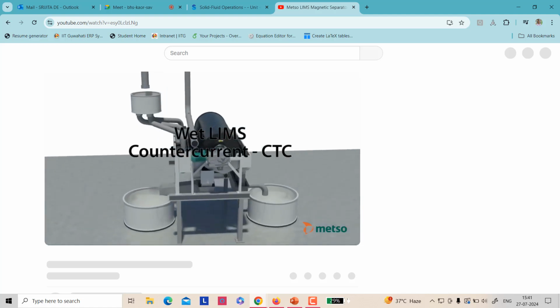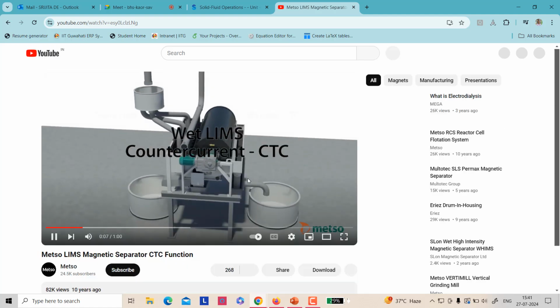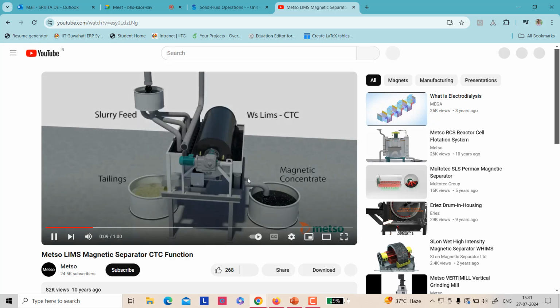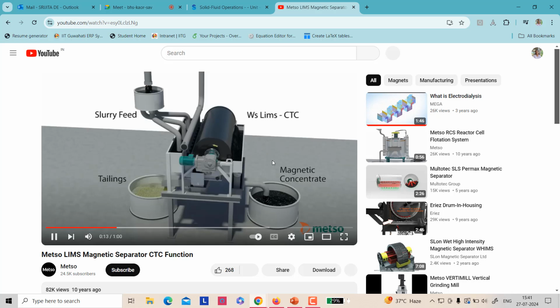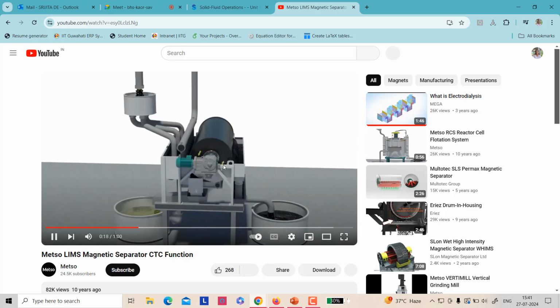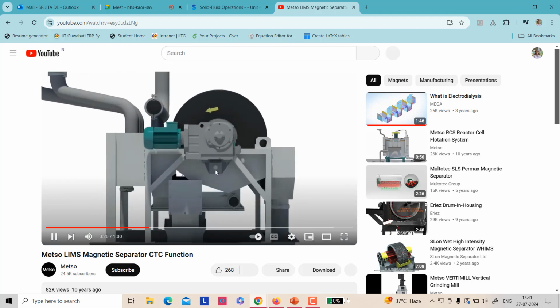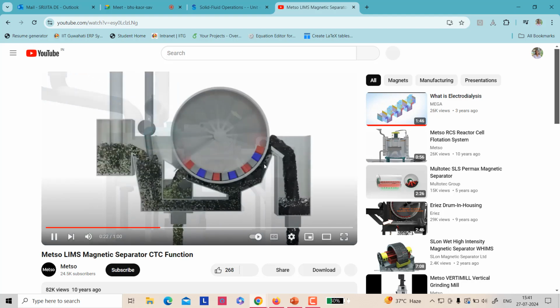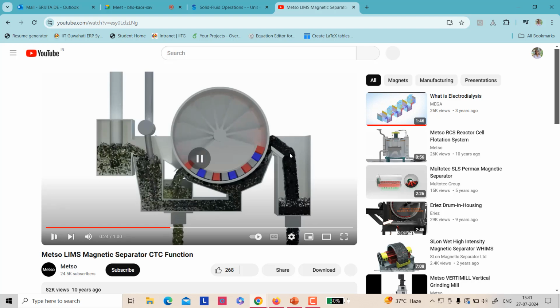So you can see here this is the slurry feed, that means the mixture of particles coming in, and in this middle region some magnets are there. The black particles are magnetic particles.